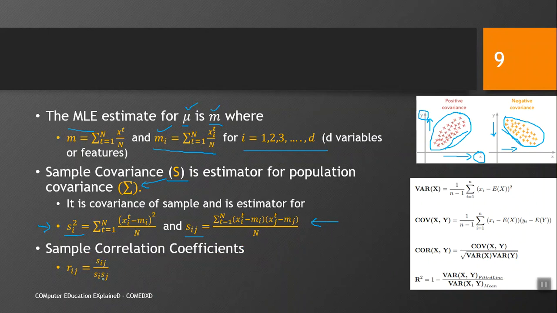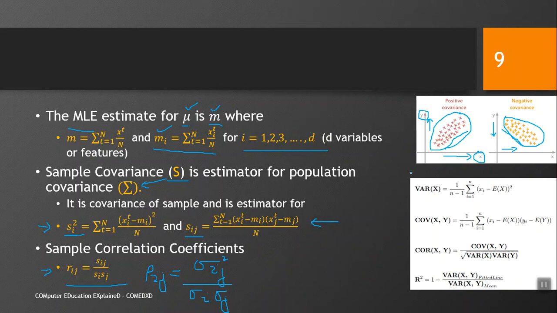Sample correlation coefficient could be given like this. It's just like the previous formula where we calculated rho ij, which was sigma ij divided by sigma i and sigma j. So the same formula is given here, but this is for the sample and that was for the population.